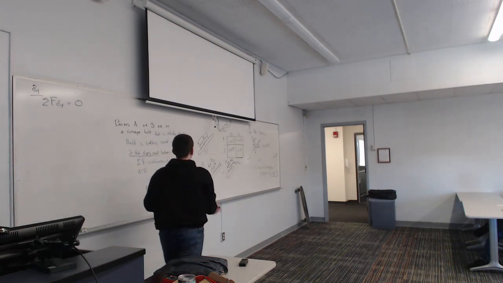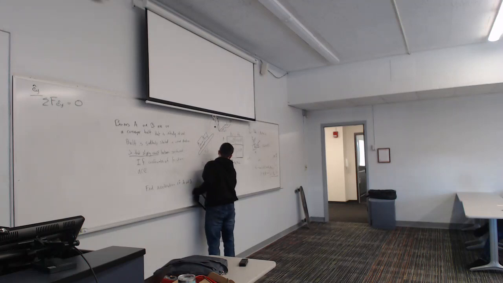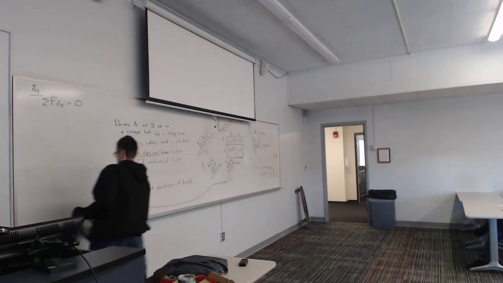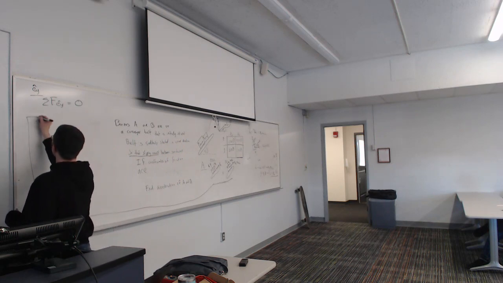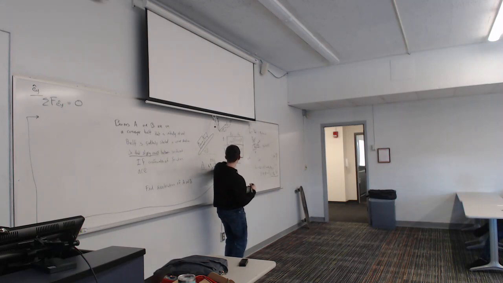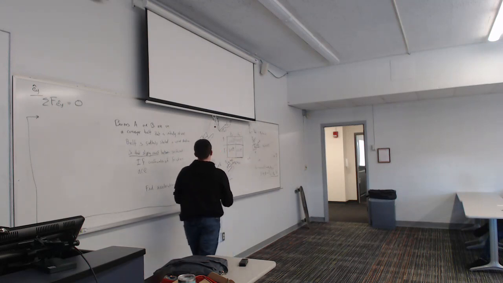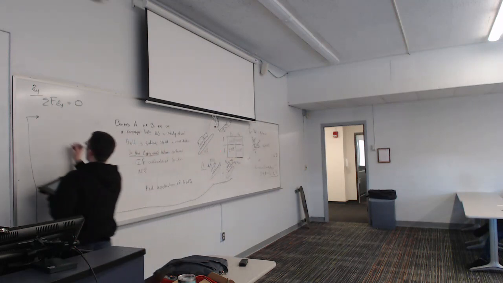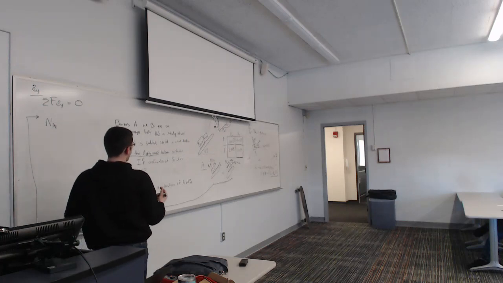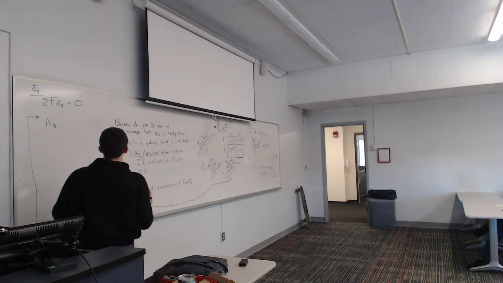I'm going to use this free body diagram again, and I know this component is 0. So then I have the normal force of A, which is acting directly in the e_y direction. It has no component in e_x.